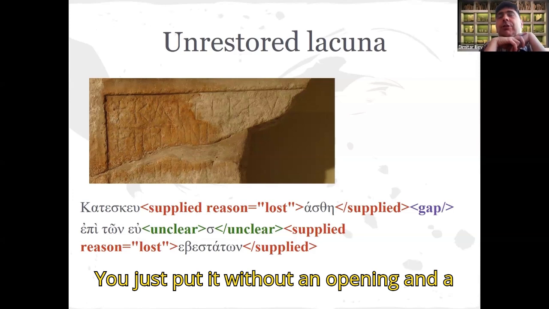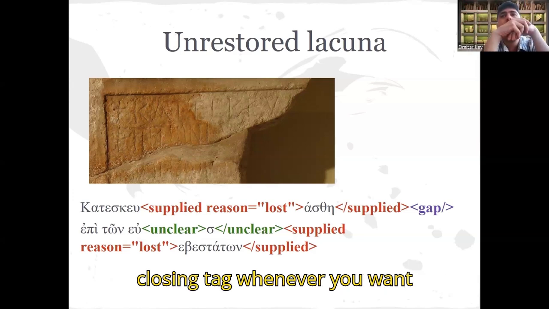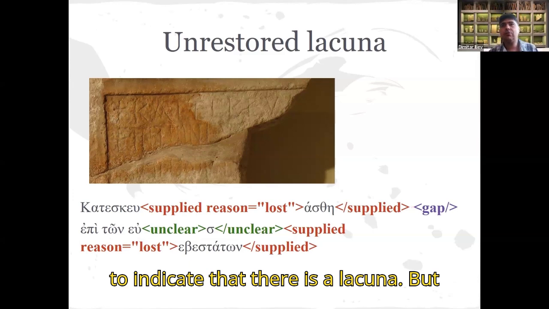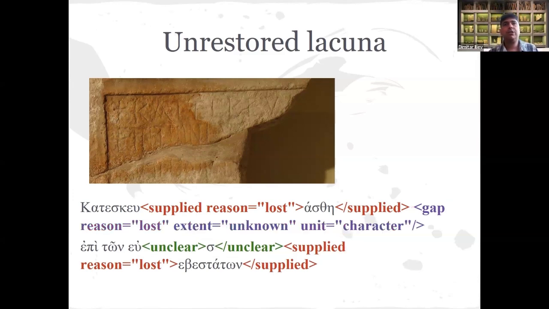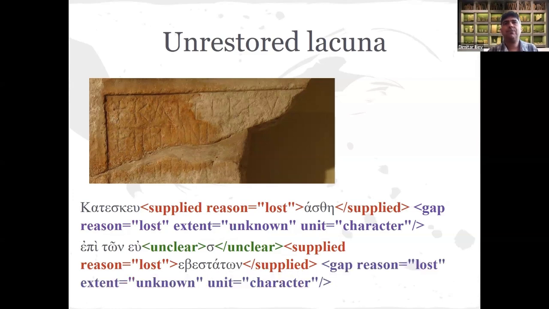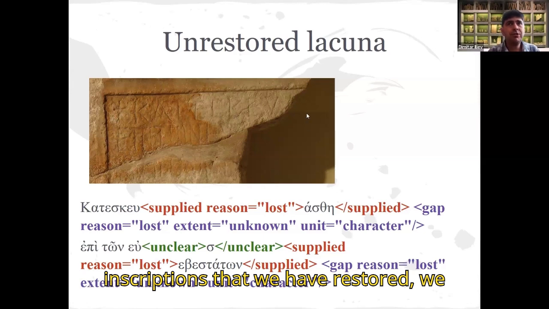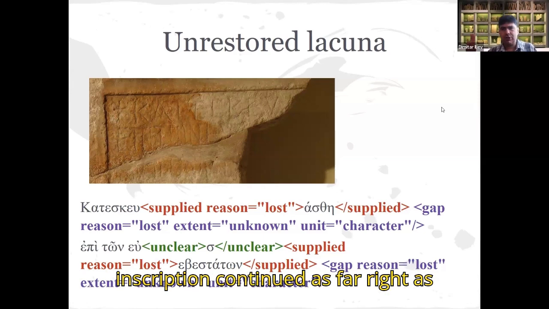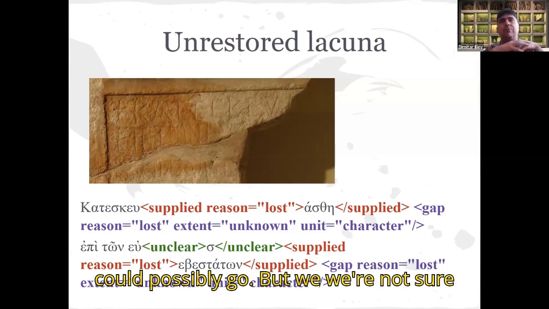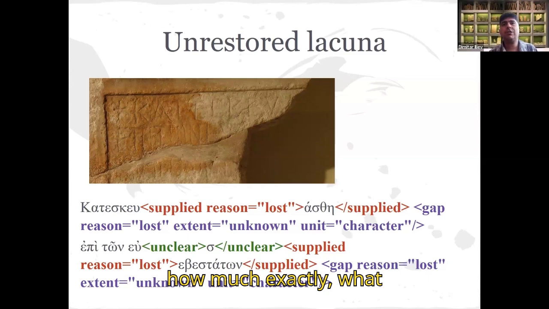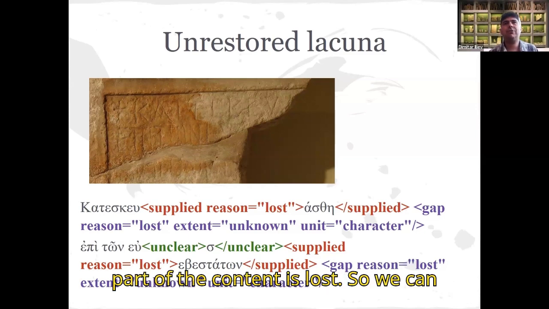You just put it without an opening and a closing tag whenever you want to indicate that there is a lacuna, and you can show that you don't know how much exactly is lost. And you also add this here, because after the parts of the inscription that we have restored, we probably had something more. The inscription continued as far right as could possibly go, but we're not sure how much exactly. What part of the content is lost, so we encode it in this way.